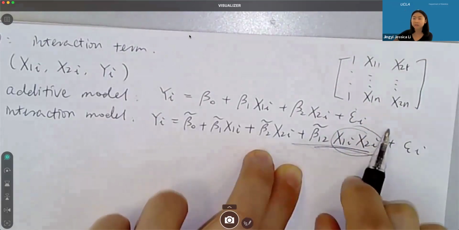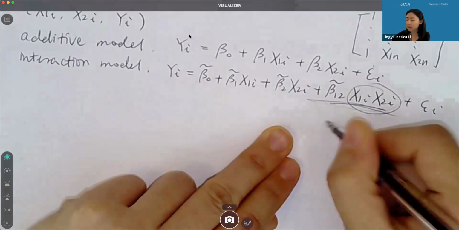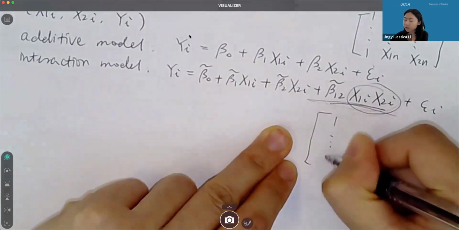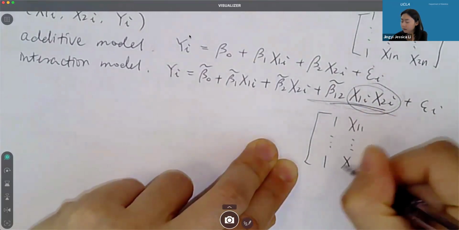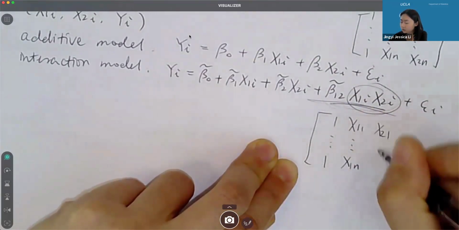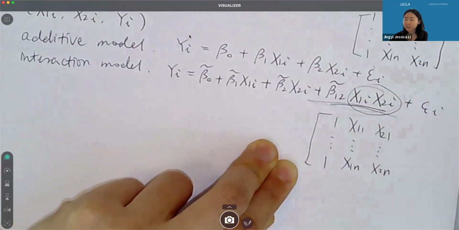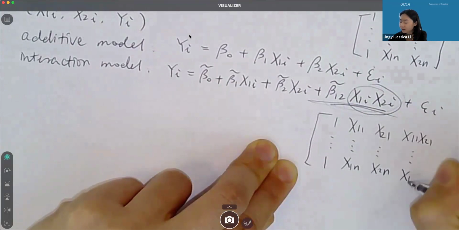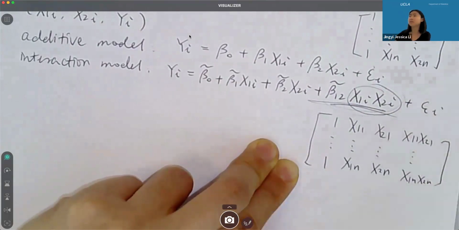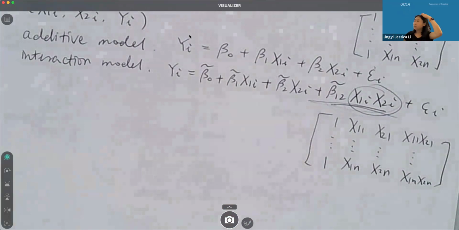So it's a 3-column design matrix. Now for this one, the design matrix will get an additional column. You still have a column of ones, x11 to x1n, x21 to x2n, and you have an additional column as x11 times x21, x1n times x2n. That's it. So that's how you are going to do it.